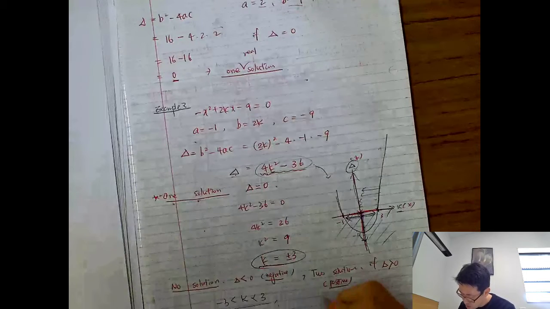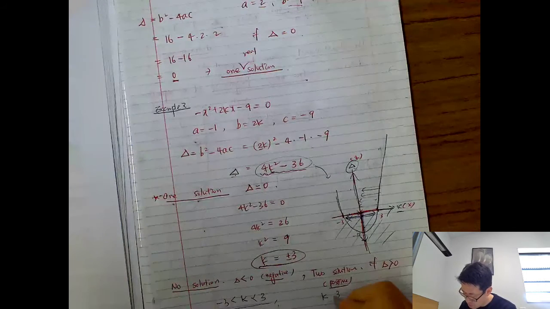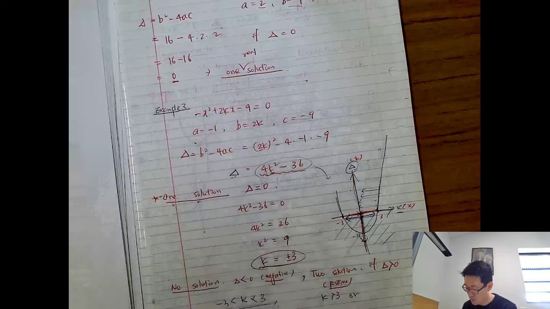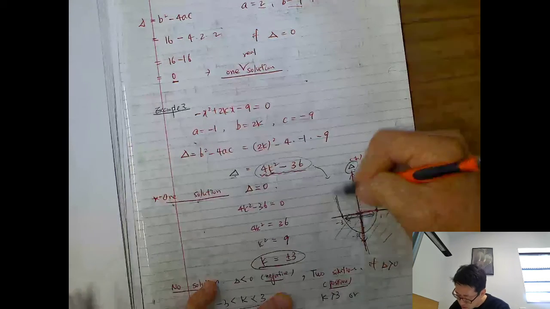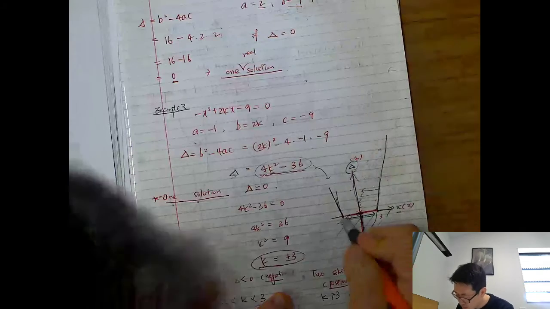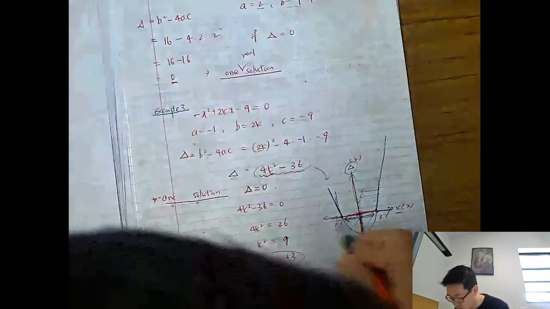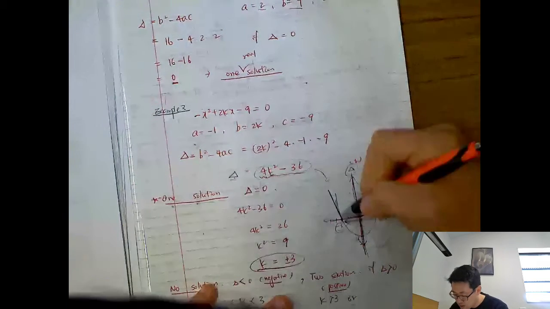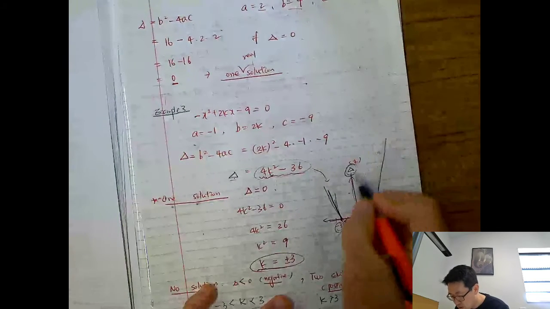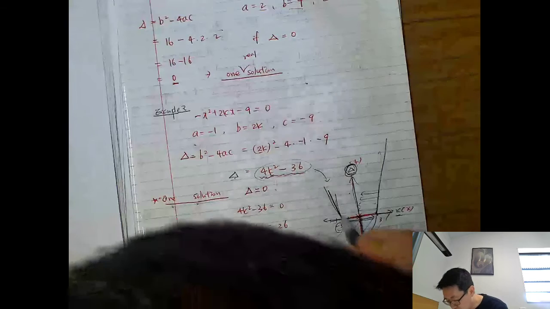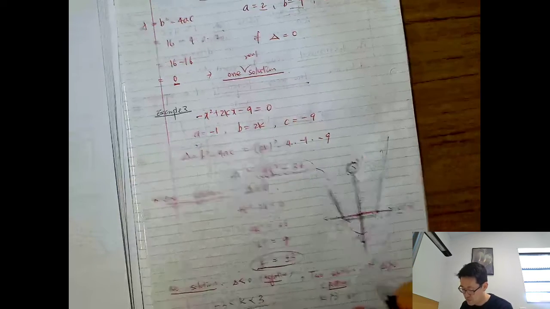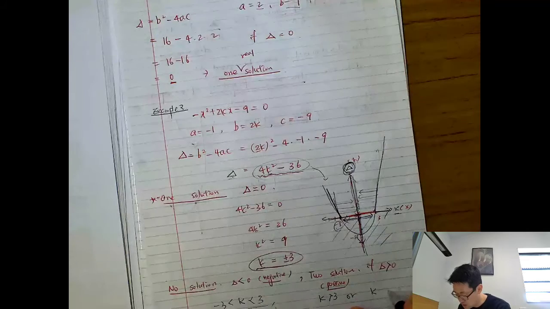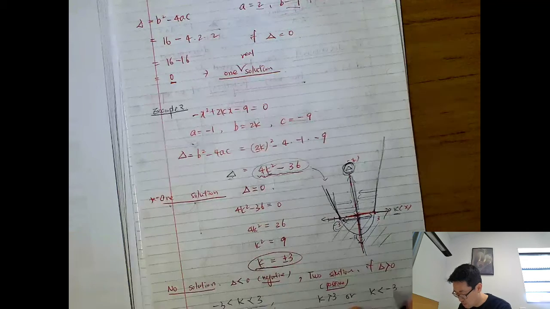So k is bigger than 3, or, what else? We covered that part. The other side, when k is smaller than minus 3, so minus 4, minus 5, we start to have delta positive. So k is smaller than minus 3.